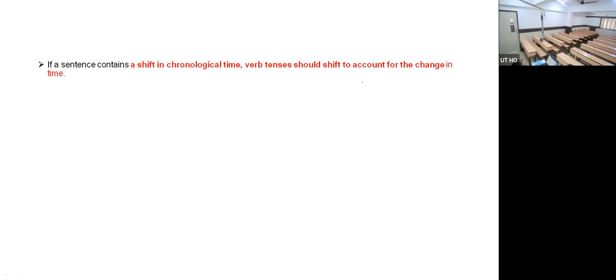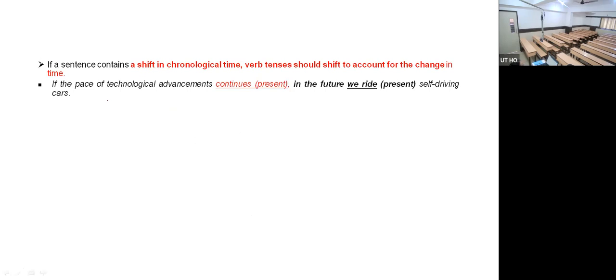Now there's a little problem when it comes to a shift in the chronological time. Let's look at some examples here. If the pace of technological advancements continues in the future, we ride self-driving cars. If you look at the two parts of the sentence, they are in different tenses, right? We are talking about the future.